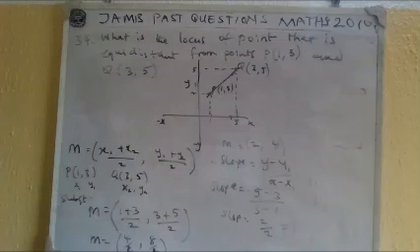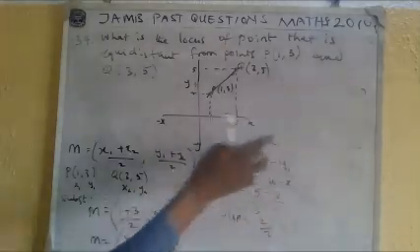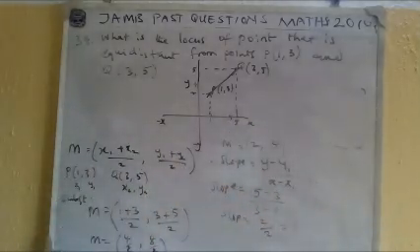So now the perpendicular bisector has a negative reciprocal slope. Understand? The question says we should find the locus of point that is equidistant. That locus of point is a line. So we have gotten the slope, we have gotten the midpoint. Now, what are we going to do?